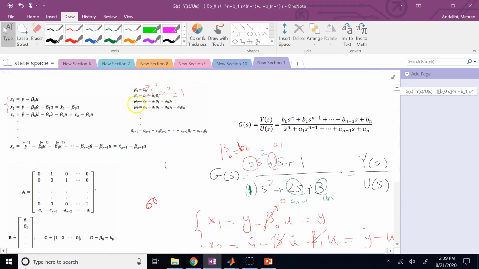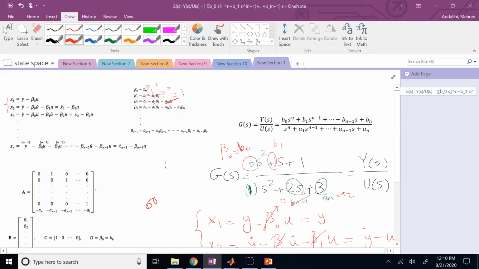Beta 2 is b2 minus a1 beta 1 minus a2 beta naught. Beta naught is 0, which makes life easy, so the last term is 0. Beta 1 I calculated, that's 1. A1 is 2, and a2 is 3 because n is 2.